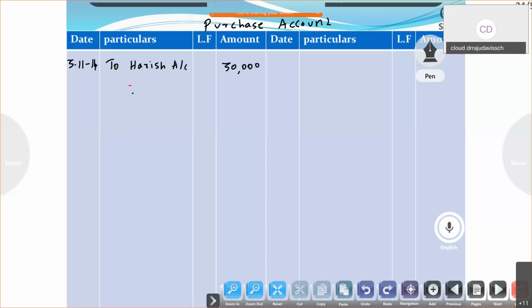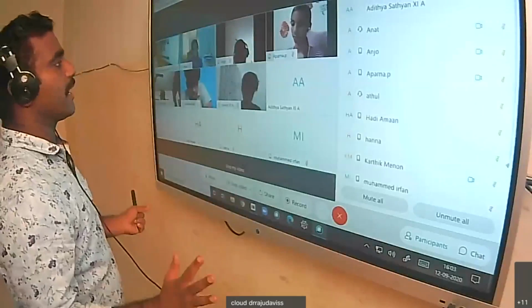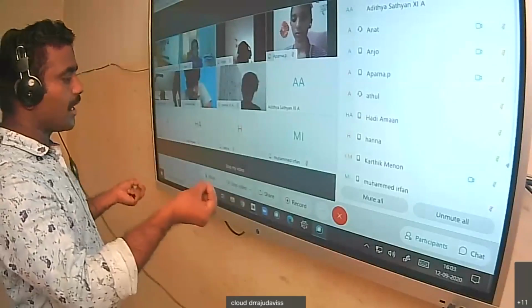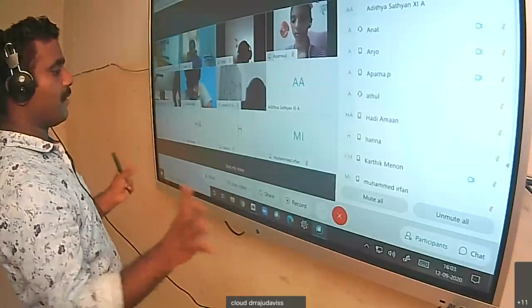So now you check, any other purchase? Not purchased furniture. Purchased furniture is different. Purchased goods, anything is there? Okay, so one thing you have to remember, only the cash account has more items. Other accounts have only 1, 2, 3, 5, that much only.